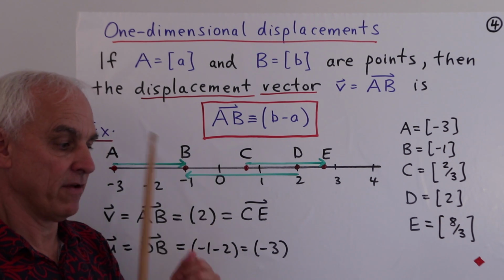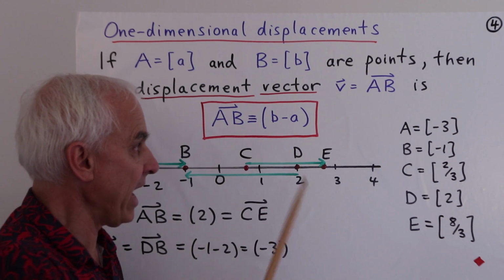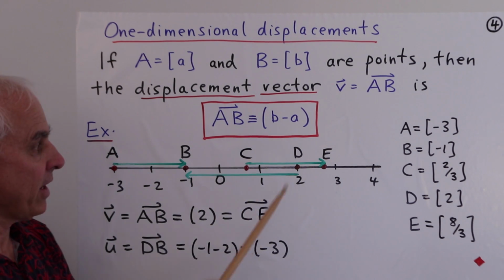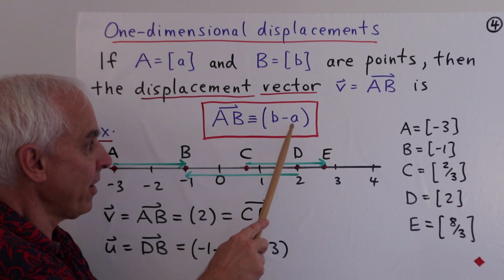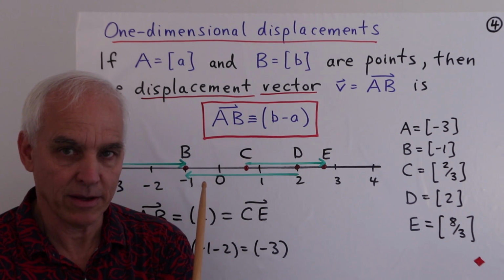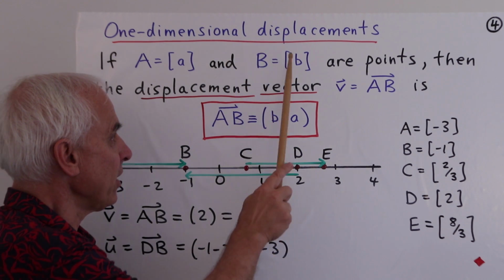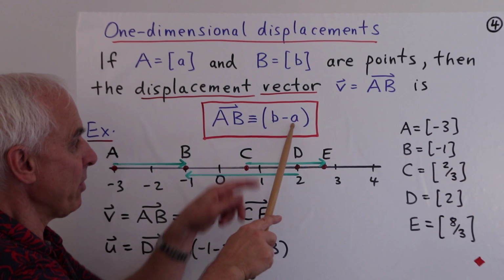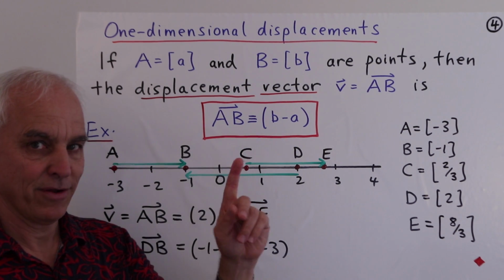Okay, we define the displacement vector AB as this thing right here. It's the vector whose single number inside is B minus A. We take the coordinate of B, we subtract the coordinate of A, and that is what we put inside here. It's just a single rational number.